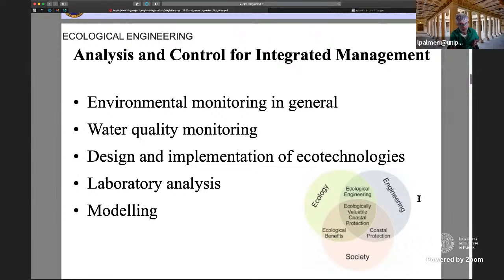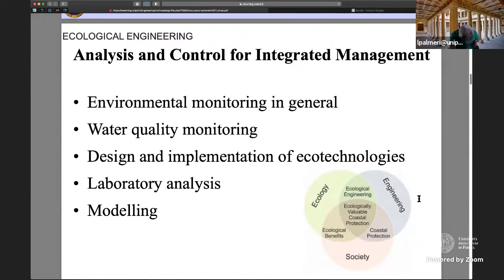Or, for example, forest restoration or diversity control. These are all eco-technological approaches.